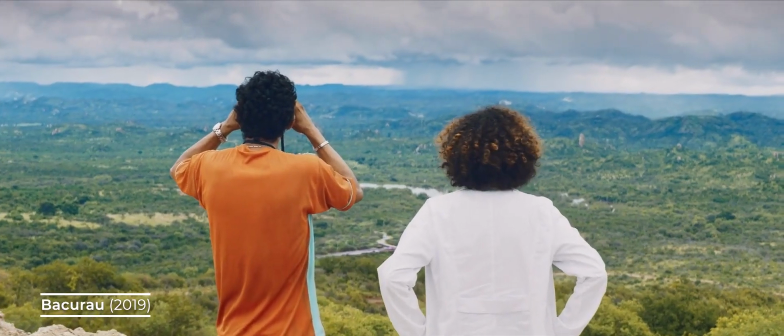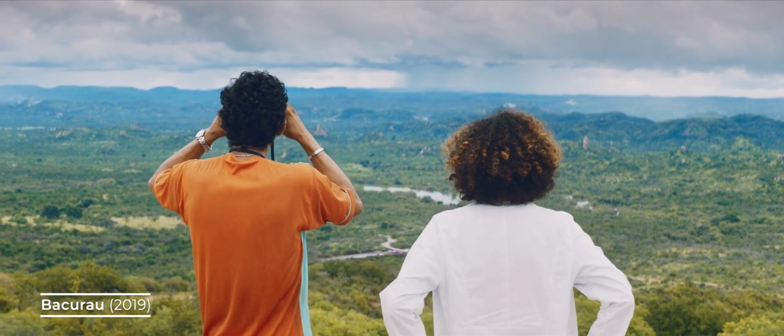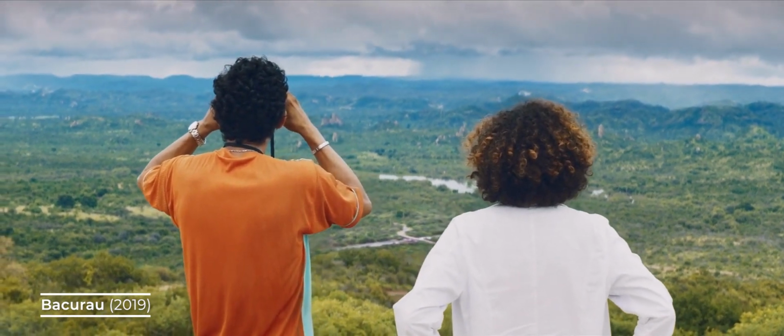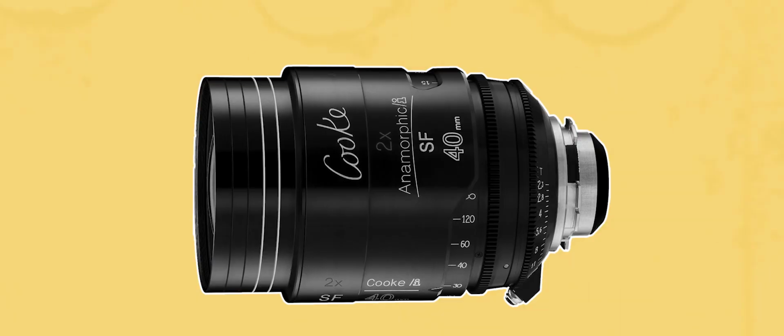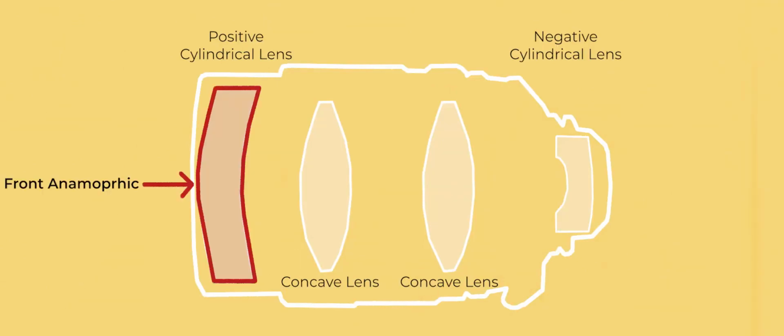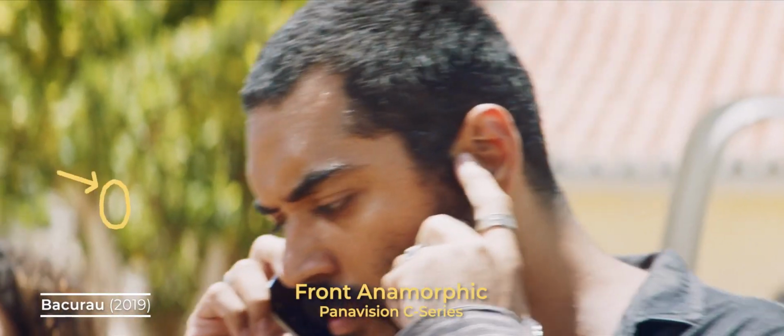This shape is also affected by where the cylindrical glass element is placed within the lens. Most true anamorphic lenses place the cylindrical element at the front of the lens, with regular circular elements behind it. These are called front anamorphics and produce that classic ovular distortion in the background.